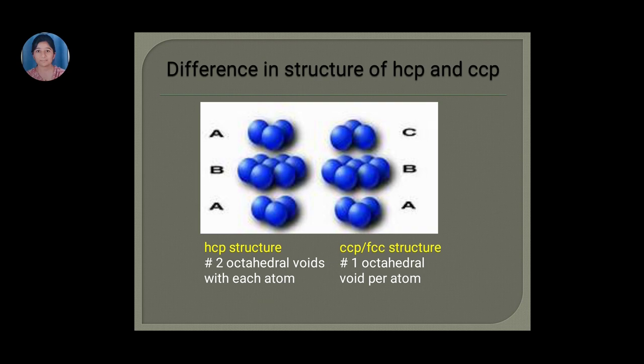So in the HCP layer, see the middle layer, that is layer B, is the same, that an atom in the center is surrounded by 6 atoms from the same layer, of course.